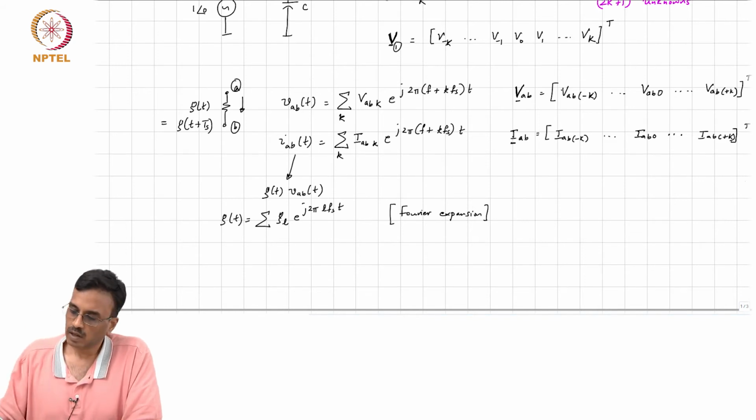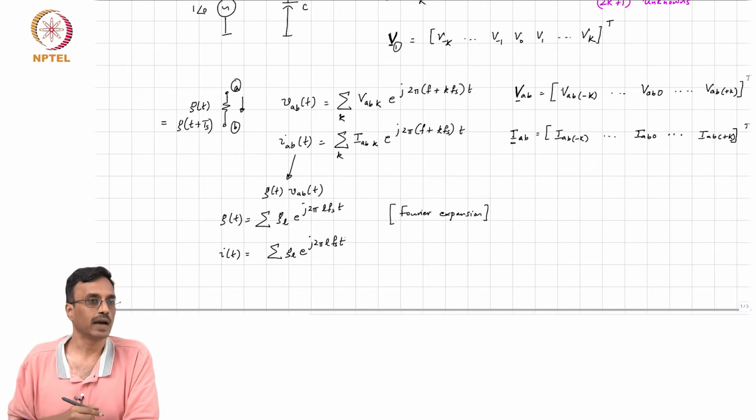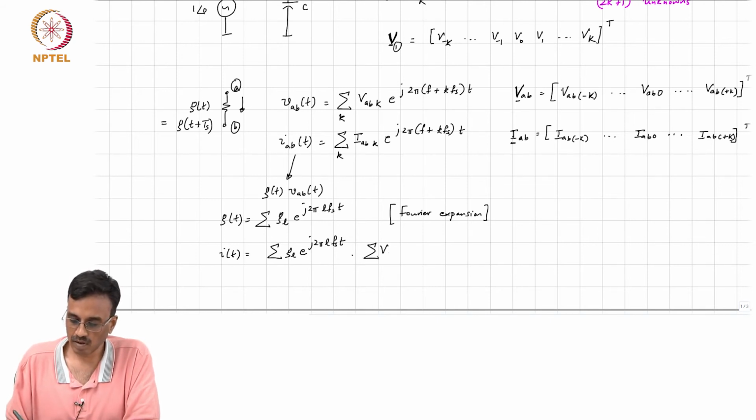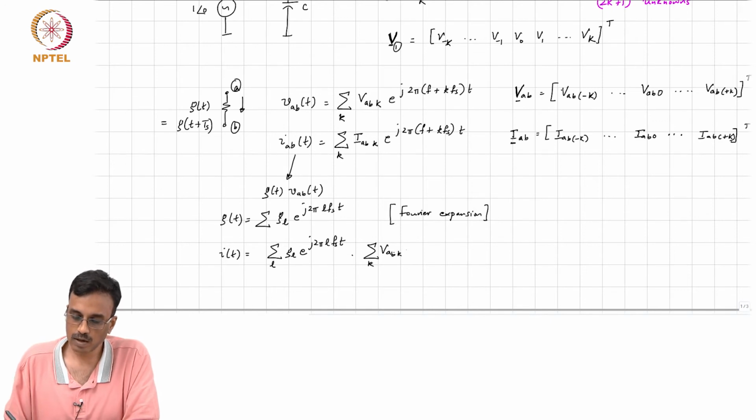So I of t must be the sum over L of G L e to the j 2 pi L Fs times t, times the sum over k of VAB k e to the j 2 pi (f plus k fs) times t.